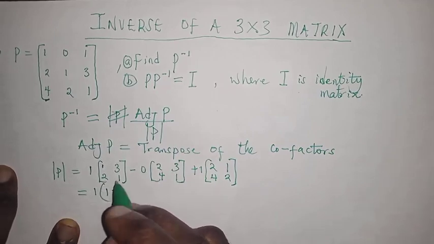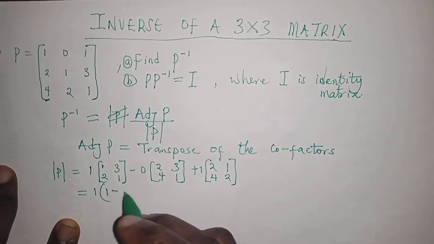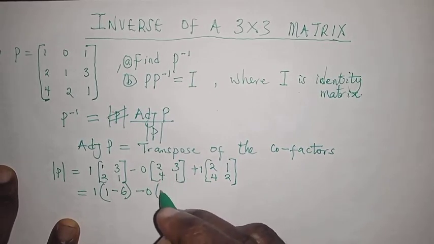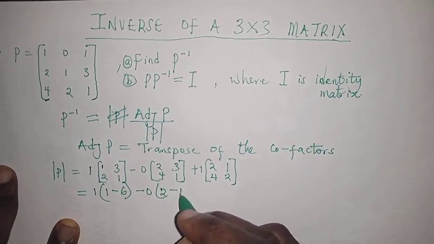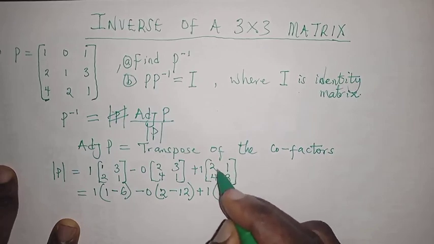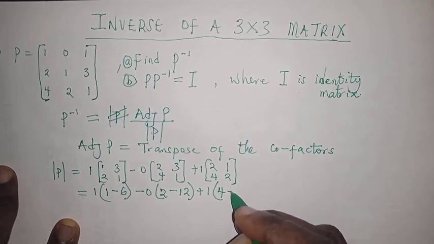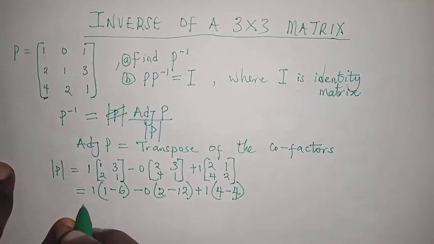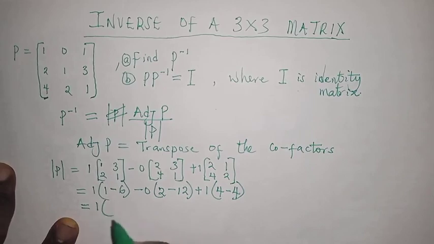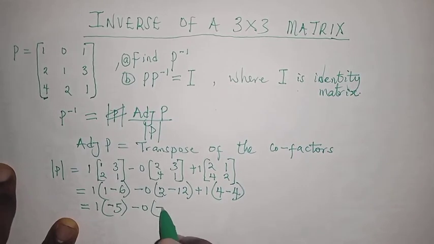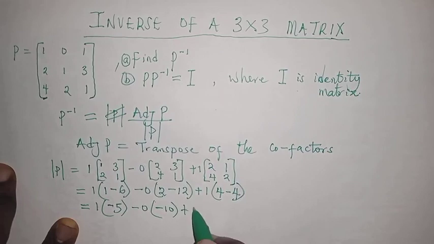So this is going to be 1. 1 times 1 is 1, minus 2 times 3, that's 6. So minus 0. This is 2 times 1 is 2, minus 4 times 3 is 12. Plus 1. 2 times 2 is 4, minus 4 times 1 is 4. So that's what we've got. Then 1 minus 6 is minus 5, while 2 minus 12 is minus 10, plus 1.